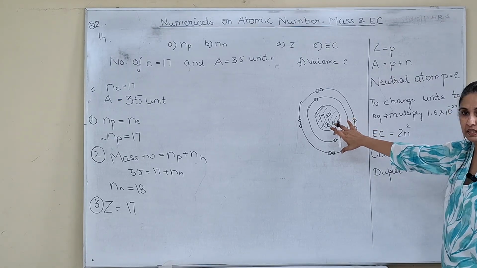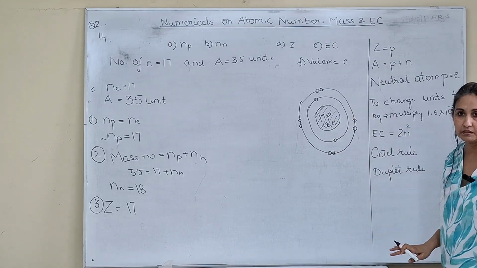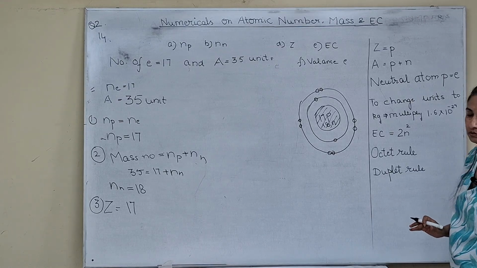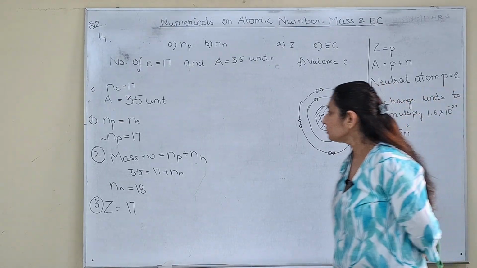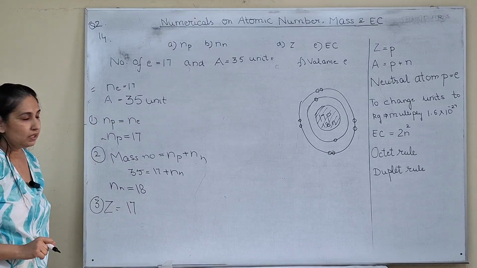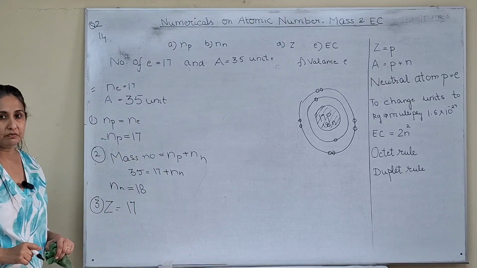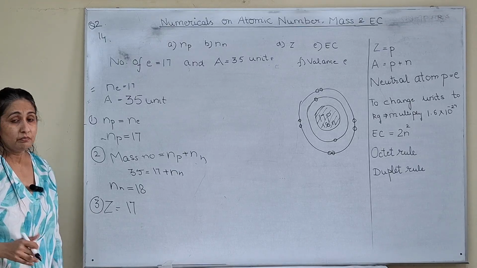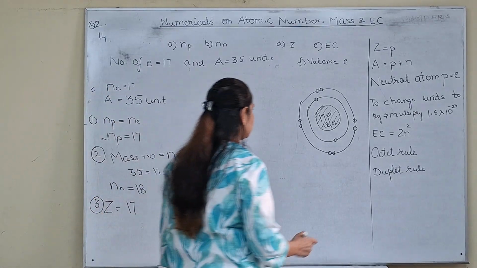These 2 have found a place, these 8 have found a place. That means 10 electrons have already found a place to live. Now total were 17 electrons. 10 have found a place to live. Remaining electrons are 7 electrons which yet don't have a place to stay.